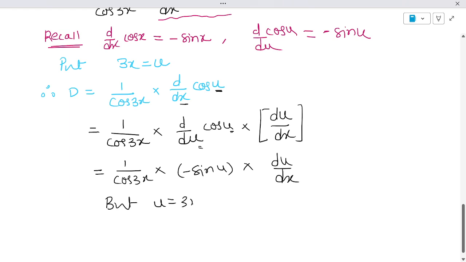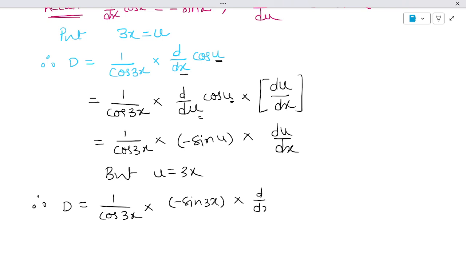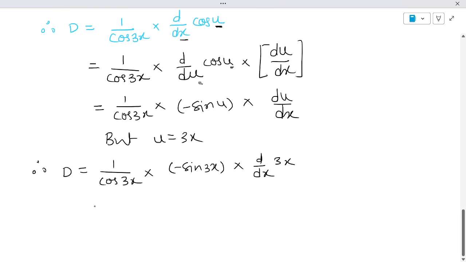U is equal to 3x, so therefore this d is equals to 1 by cos of 3x into minus of sine of, instead of u we have 3x, into derivative of u means derivative of 3x with respect to x.